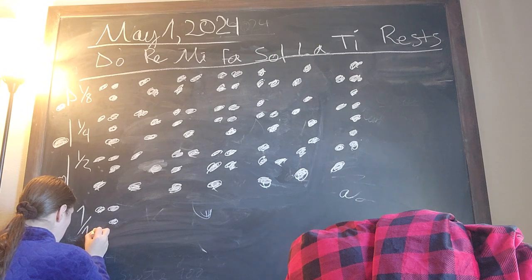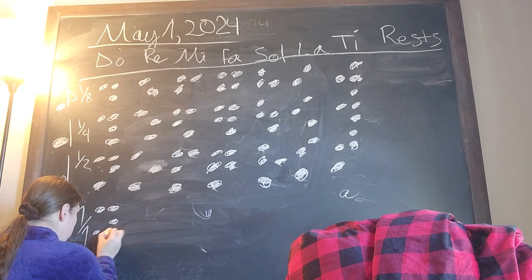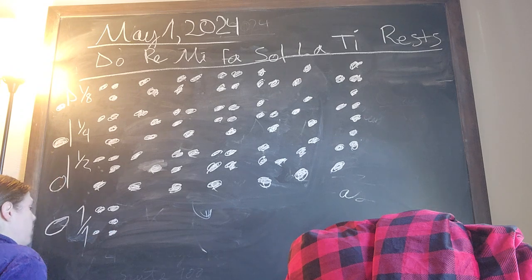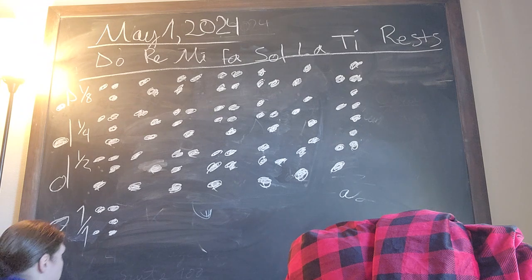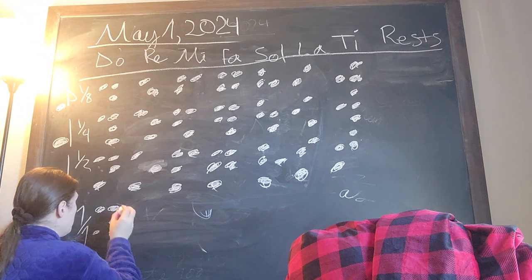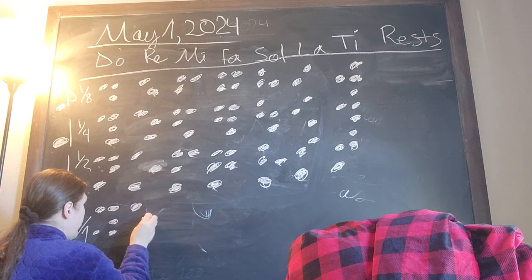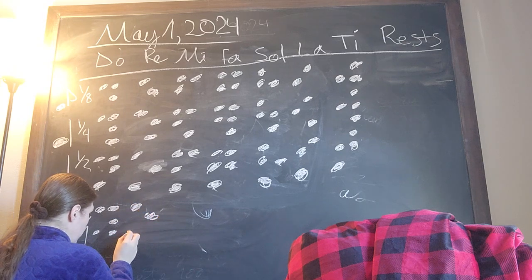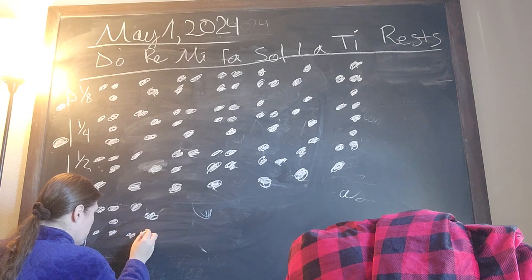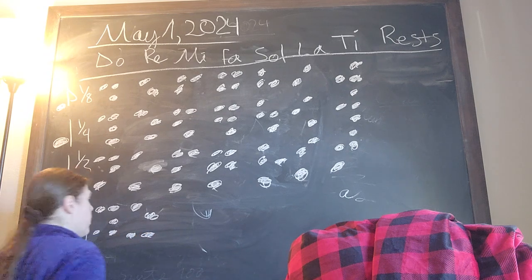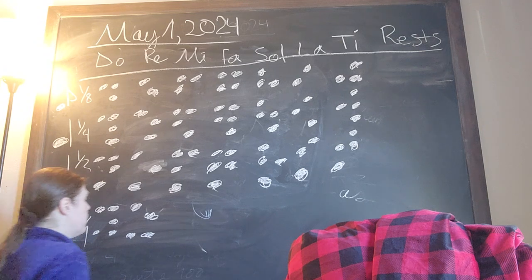So we're going to indicate dot 3 and dot 6, and that is your whole note for the pitch do. And again, we can write out re, 1, 5, with dot 3 and 6. That is your re whole note.